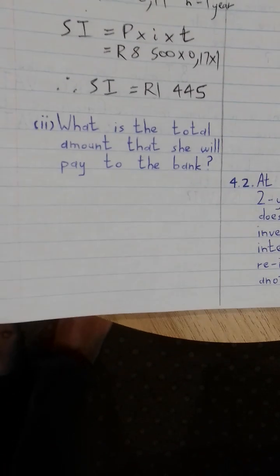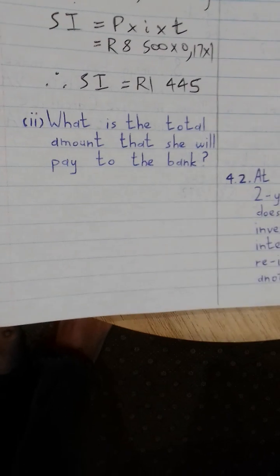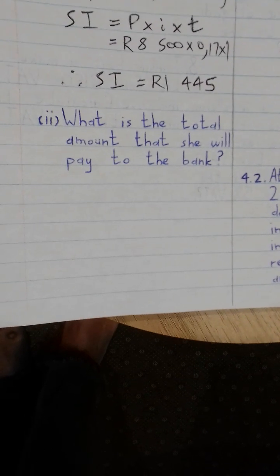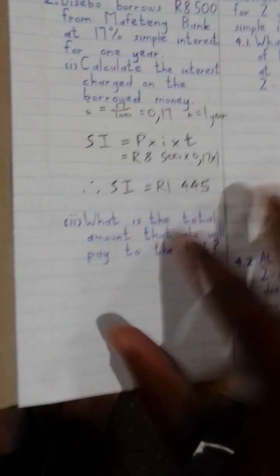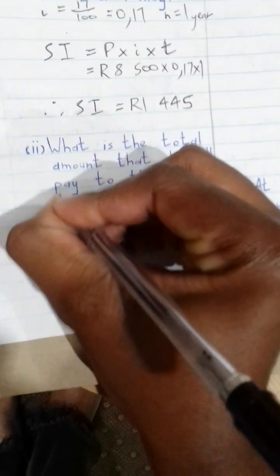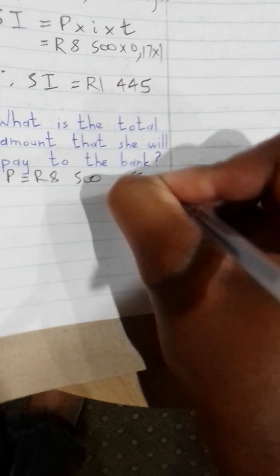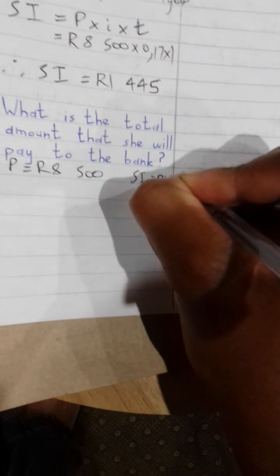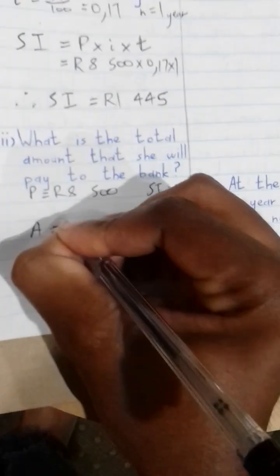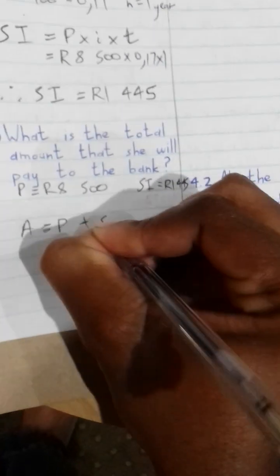Roman numeral number 2 states, what is the total amount that she will pay to the bank? So please remember, P is 8,500 rand. Simple interest is 1,445. That's the formula.